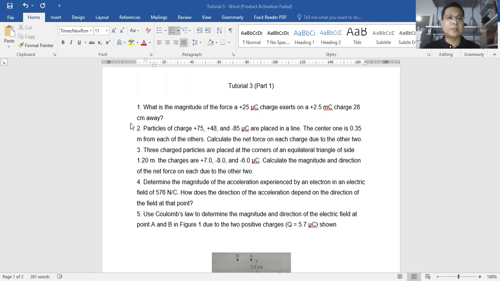As we know, the formula of the electrical force is F equal to K times Q1 times Q2. Okay, we just try to derive the equation.